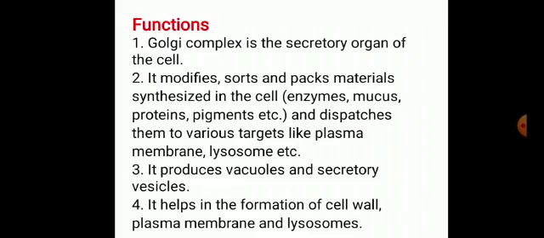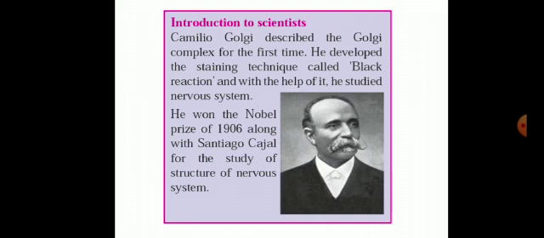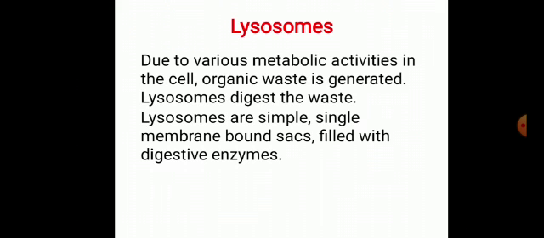Different secretions are prepared in the Golgi complex, and hence it is called as secretory organ. Various vacuoles and secretory vesicles are also produced by Golgi complex. Now let us study lysosomes.